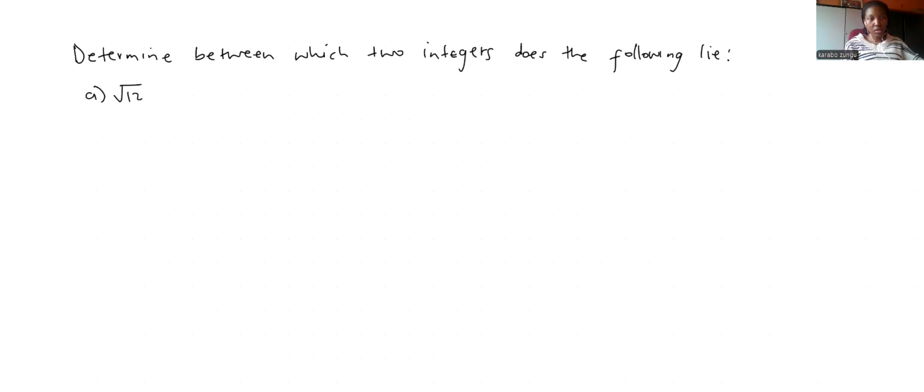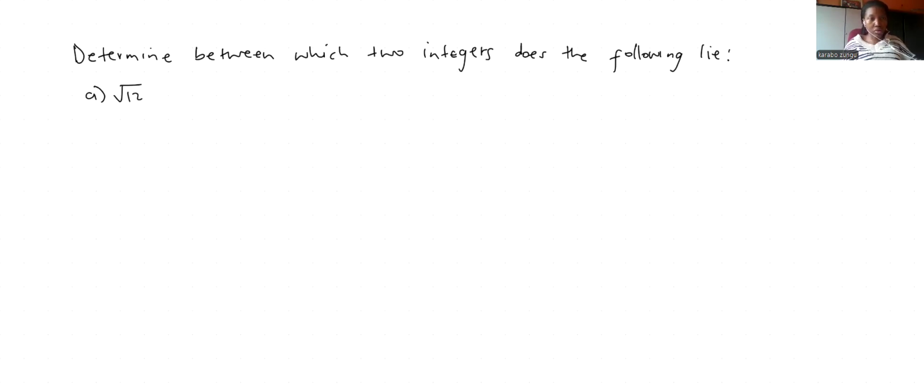First question. Determine between which two integers the following lies. You would want to check, not using a calculator. Do not use a calculator. So you would want to know between which two integers the square root of 12 lies.